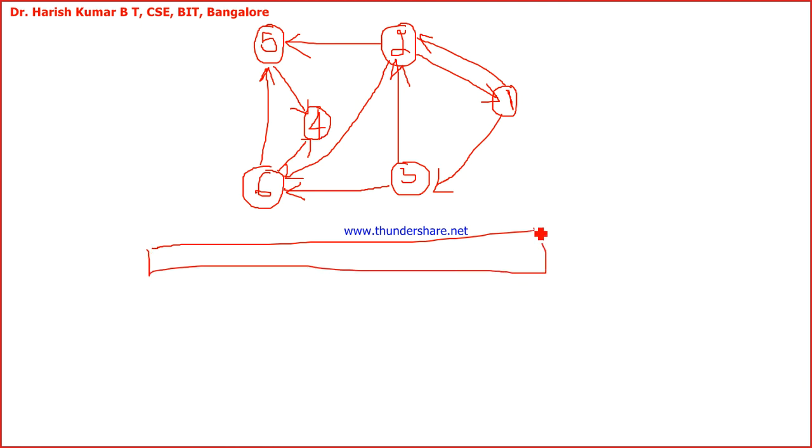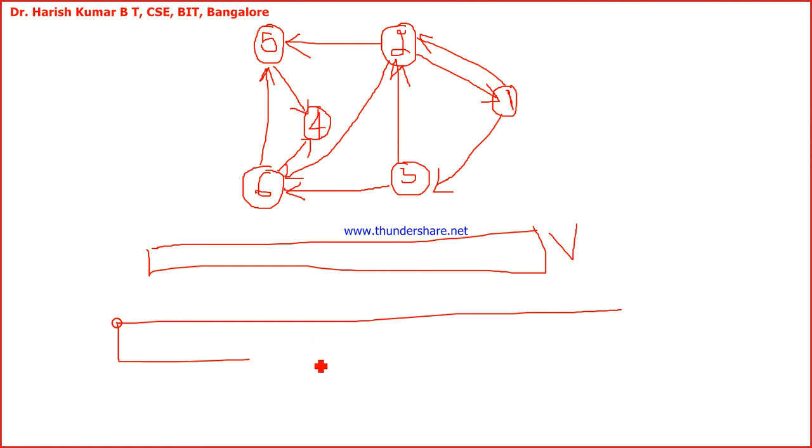So this is visited, and this is the stack. So 1, I'll visit it. Next, adjacent nodes for 1: since it is a directed edge, you have to follow the edge. This is 1, and 3, 2 and 3. So I go for pushing 3 first, and next 2.